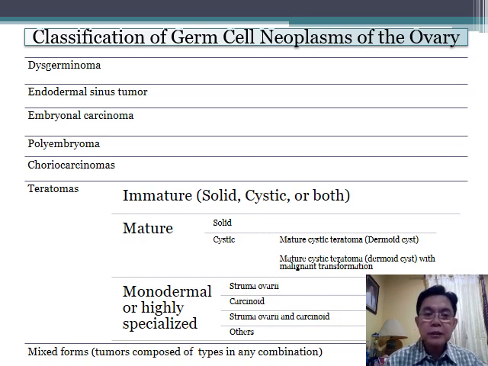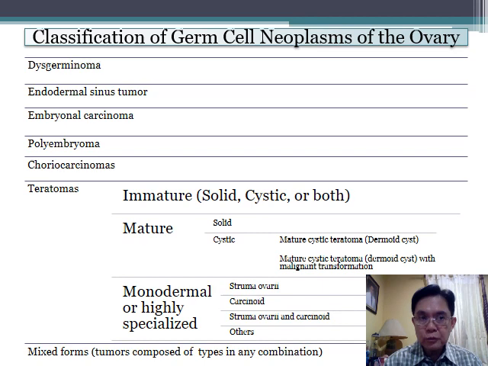Or your teratomas can be made up of monodermal or highly specialized cells, where you have your struma ovarii, or you can have your carcinoid tumors, okay? Struma ovarii with carcinoid can also exist.